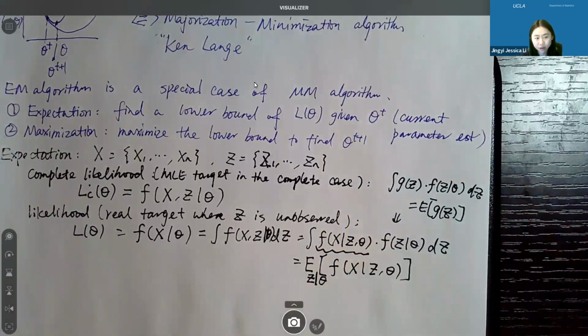Another important thing is that to maximize this, what we usually do is use the log likelihood. That's a necessary part. Otherwise, the EM algorithm doesn't go through.